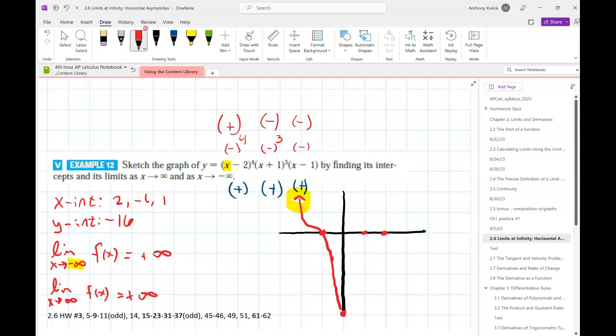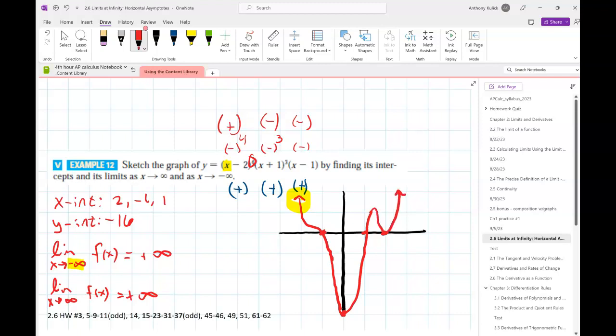The next one is positive 1. There the exponent is 1. That solution occurs 1 time, so it's just going to pass straight through. And the other one is used 4 times, which means it's going to be a bounce, is what we called that.